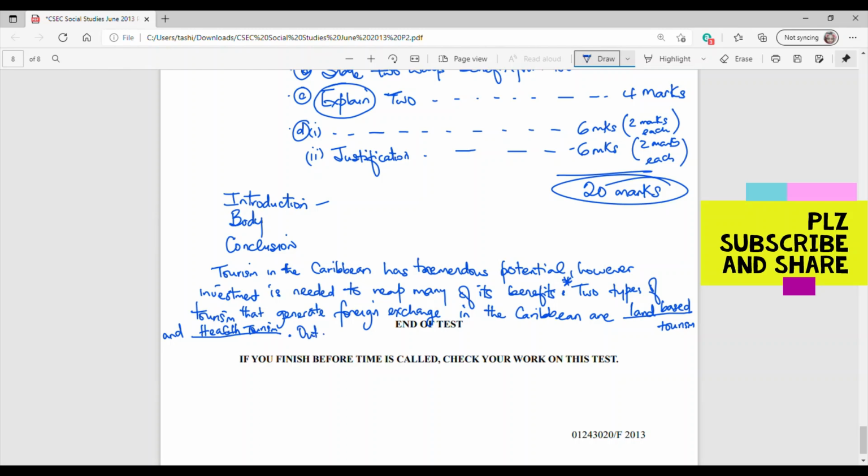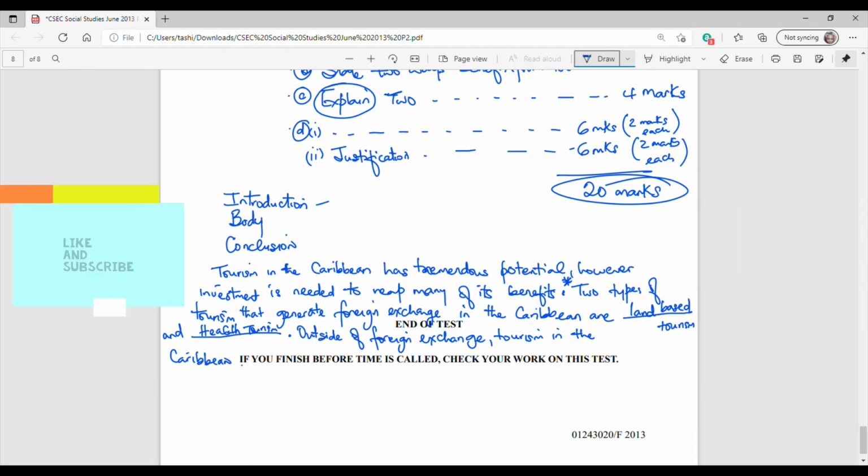So I'm going to just try to jot it down. Outside of foreign exchange, because that is exactly what the question says, tourism in the Caribbean provides jobs both directly and indirectly.